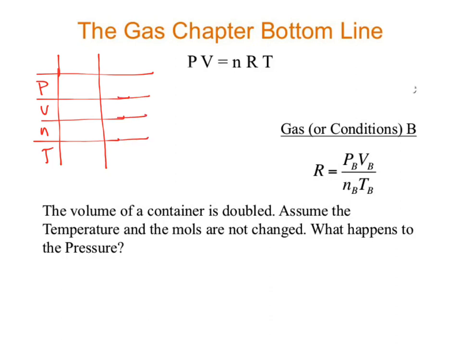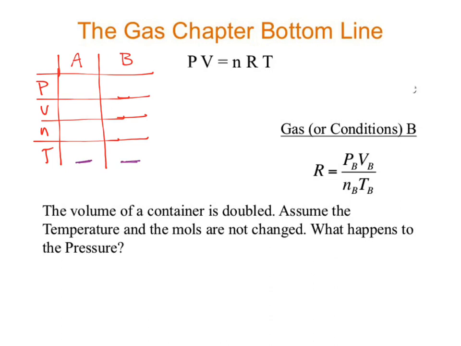Okay, so I would go through and say we have two conditions. We have conditions A and conditions B, or initial and final. Temperature and moles are not changed. What is the temperature then? Constant, but I want something to put in there. I want to put something in my category right here and right here. I could pick really anything I wanted.